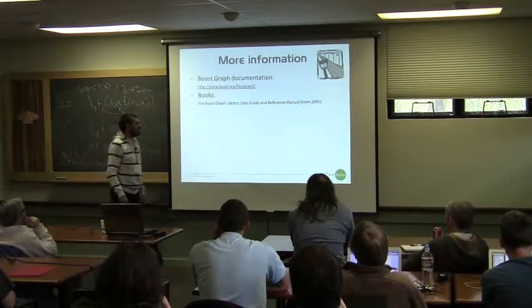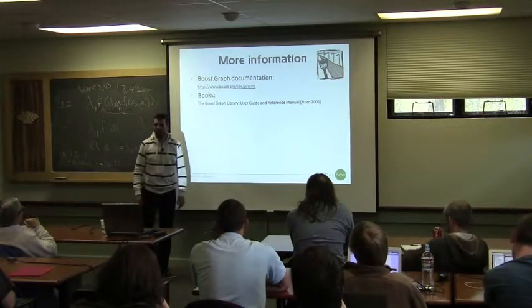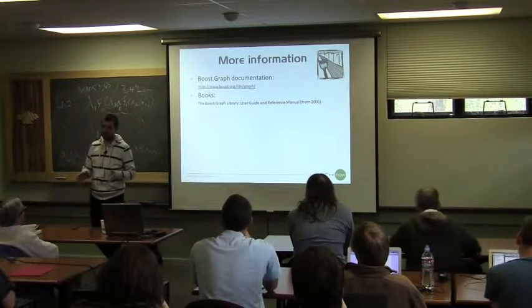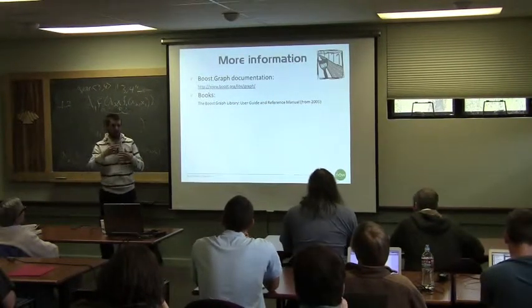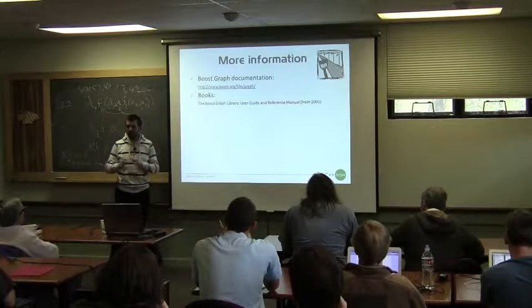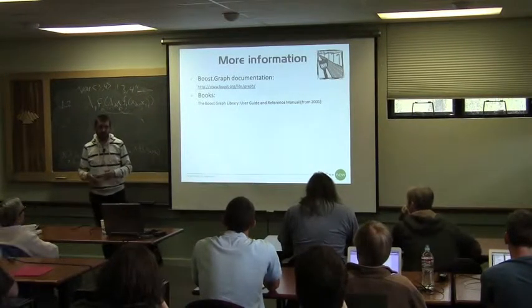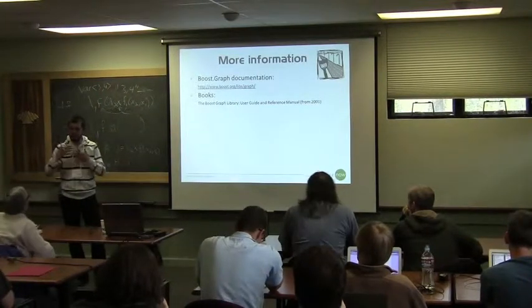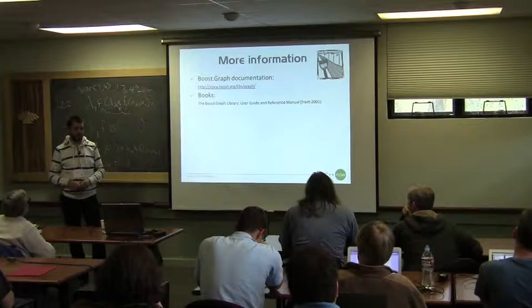Okay. So that was a quick overview on how BoostGraph is used. I'm not going to talk about all these algorithms there are, because I think that's easy, and it really depends on what you want to do. Some people want to find the shortest path, other people want to do something completely different. And I think the documentation here is actually good and helpful, so there is a good explanation what these algorithms do.